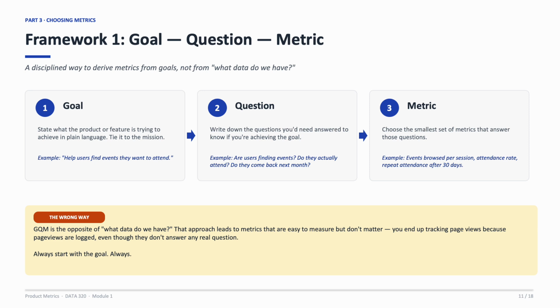Notice every metric has a clear question behind it, and every question ladders up to the goal. Each link in the chain is justified. Always start with the goal, always. There's a second framework that goes a bit deeper into product structure, and let me show you.